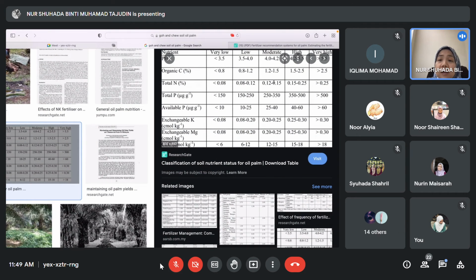So it should be around 0.12 hingga 0.15 ataupun 0.15 hingga 0.25. It is sufficient. Tapi kalau you dapat the value lower than 0.08, it indicates that your soil is not sufficient with nitrogen. Tapi ni kalau you nak tanam oil palm lah.